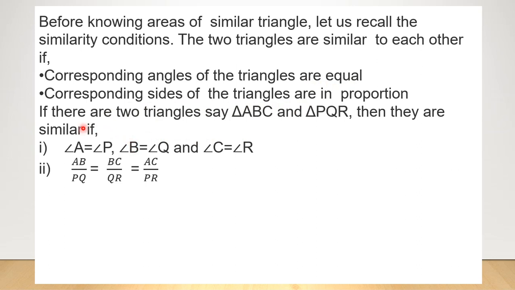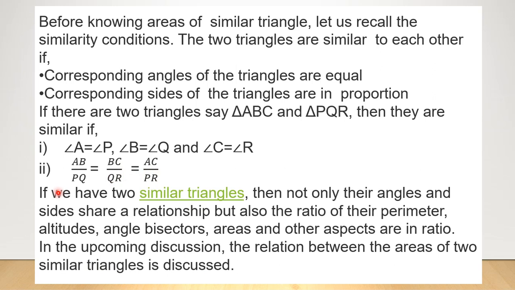So, if there are two triangles ABC and PQR, and we get angle A equal to angle P, angle B equal to angle Q, and angle C equal to angle R, and also the ratio of corresponding sides AB upon PQ is equal to BC upon QR is equal to AC upon PR, that is in proportion, so we can say that two triangles are similar.